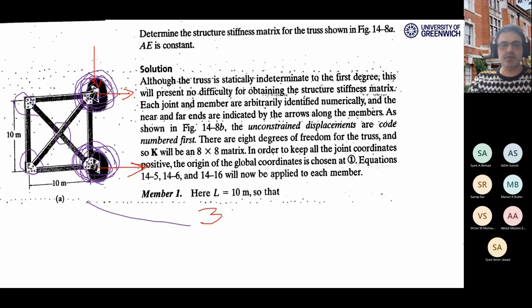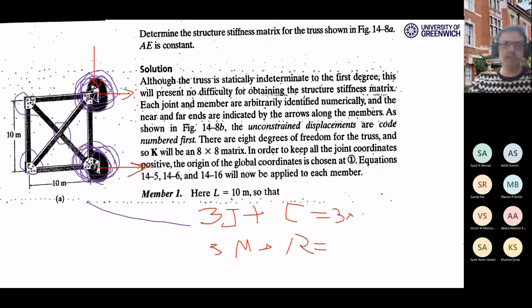We can just give it a shot. 3j plus c equal to, and 3m plus r equal. So how many joints do I have? 3 times, I have really 4 joints, right? 4 plus, how many C do I have?